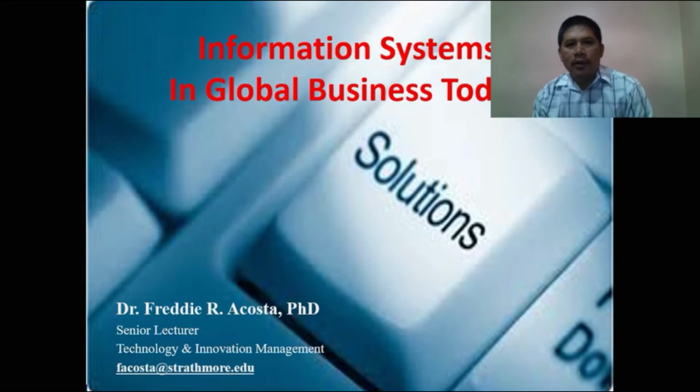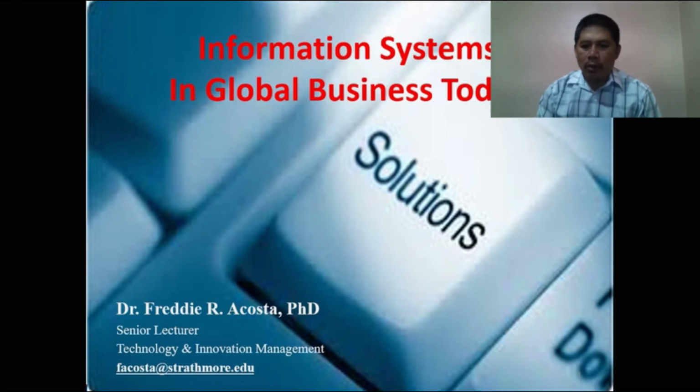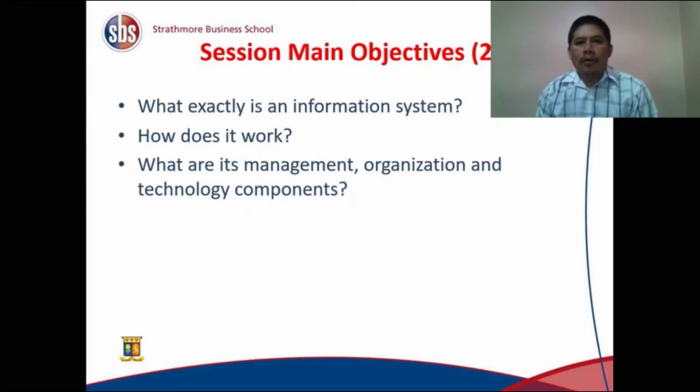We shall be talking about information systems in global business today and some of the issues surrounding this topic. So, for our main objective for this session, we shall be able to know what exactly is an information system, how does it work, and what are its management, organization, and technology components.